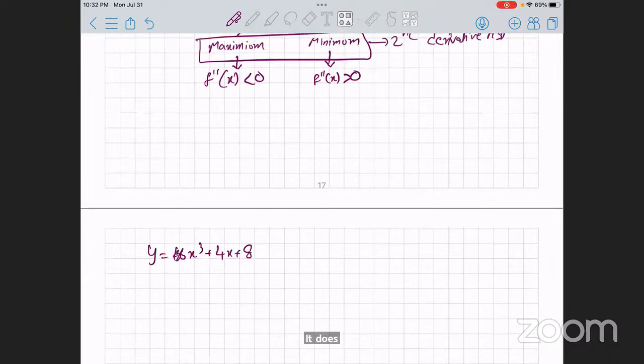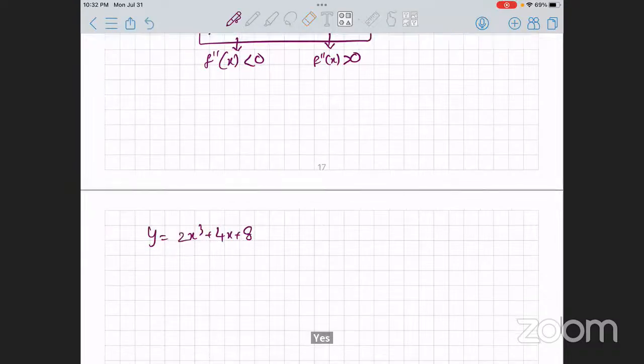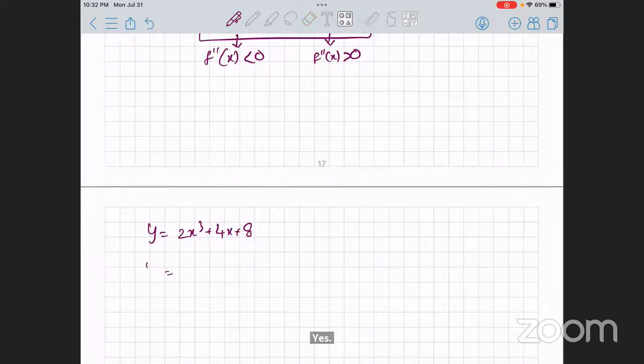Okay, I will make it easy. So dy by dx equal to 6x square plus 4.